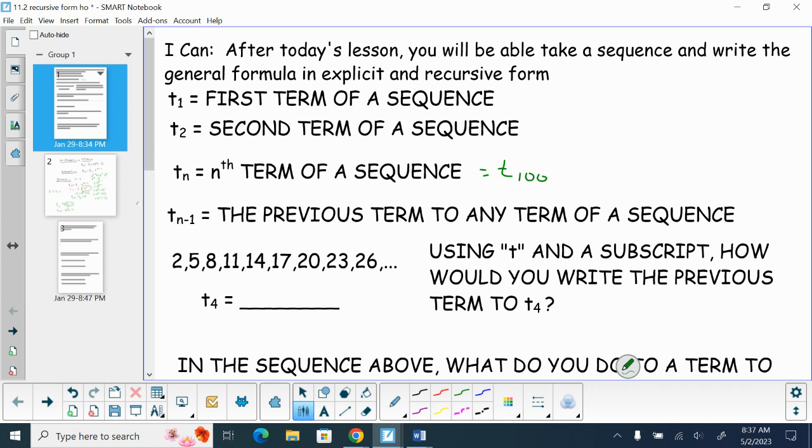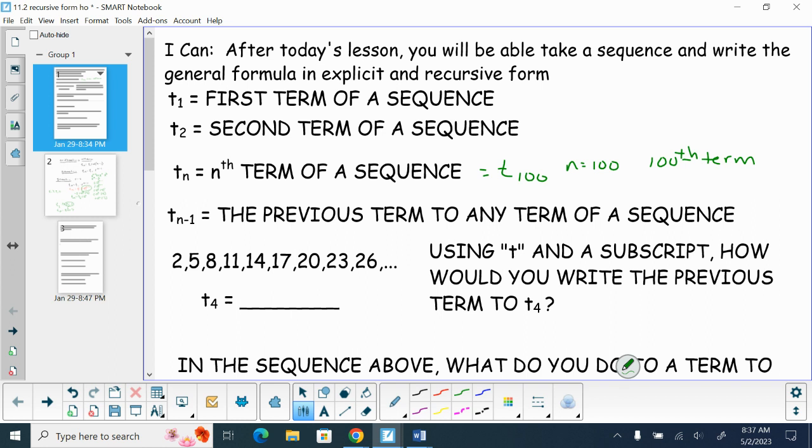Suppose the nth term was the 100th term, so that's T100. That means n is equal to 100. That's my 100th term. Well, what would be the previous term to the 100th term?